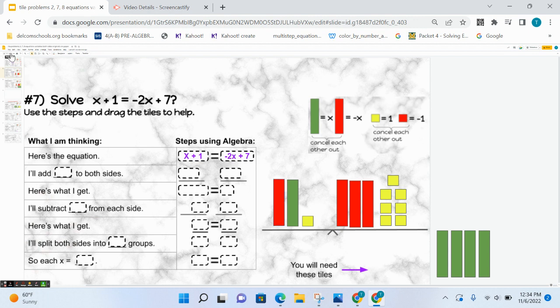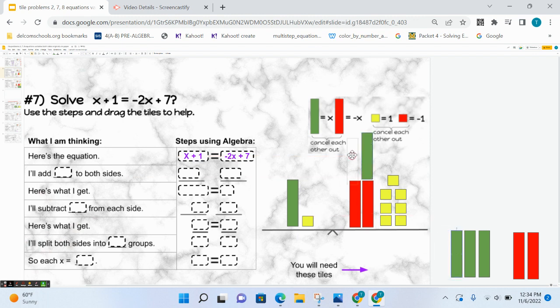So let's back that up. We want to think of something else to do. Instead of getting rid of the green x, the positive x, I could get rid of the 2 negative x's. I could do that by adding 2 positive x's. Those 2 red rectangles and those 2 green rectangles will go away.